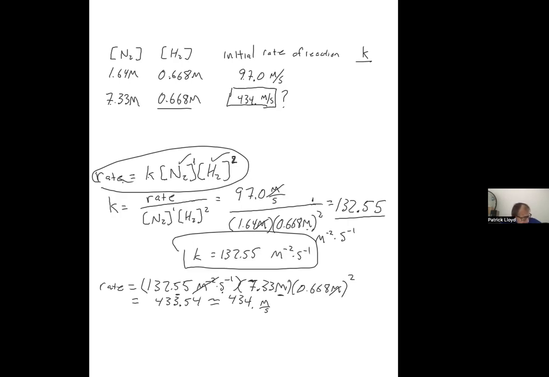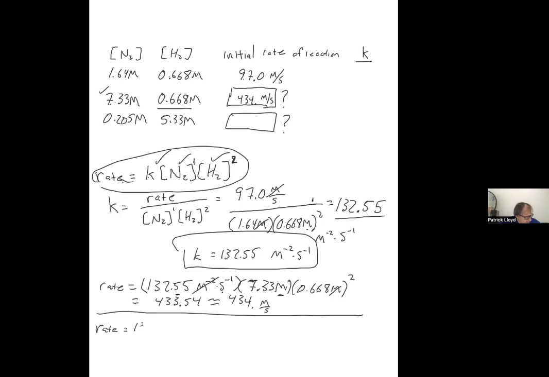Then we do the same thing for the third part. The third part is now 0.205 molar and 5.33 molar, and again, they just want us to figure out what the initial rate is. So we'll use this equation right here. The rate is equal to 132.55 M to the minus 2 seconds to the minus 1.